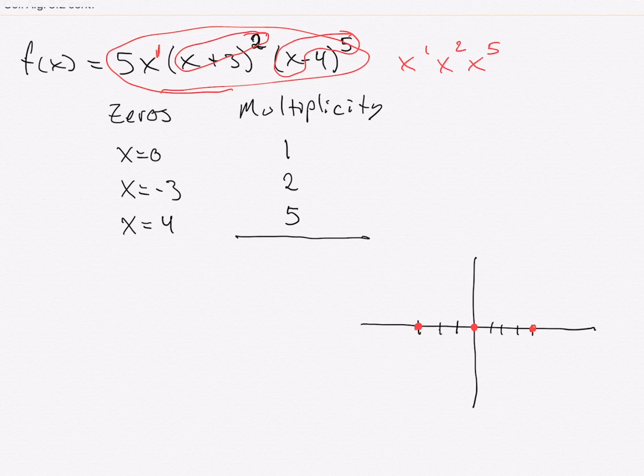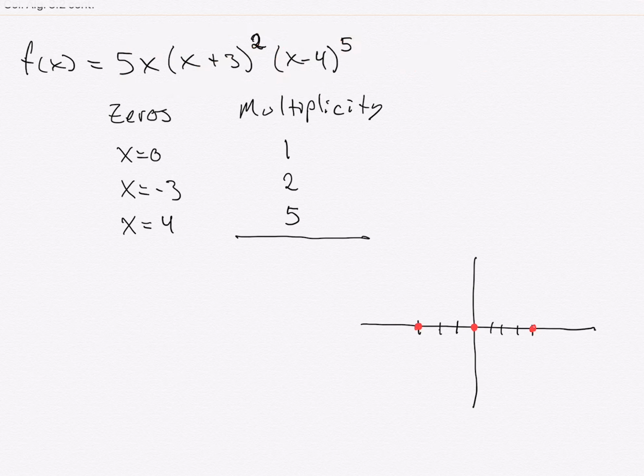We know that the product rule for exponents tells us that this would equal x to the 1 plus 2 plus 5, which makes 8. So I'm going to put a total of 8 down here.